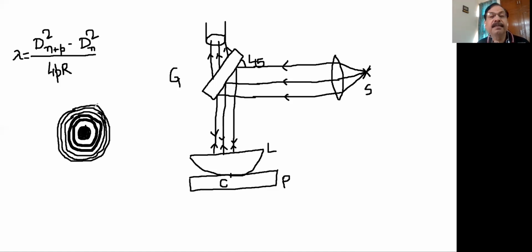Alternate dark and bright rings are formed.